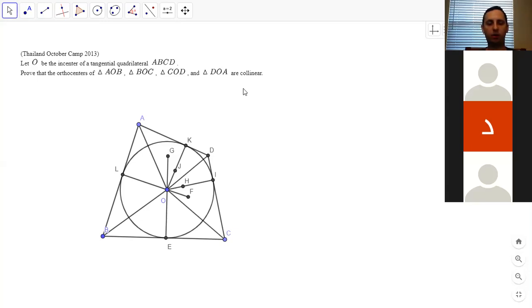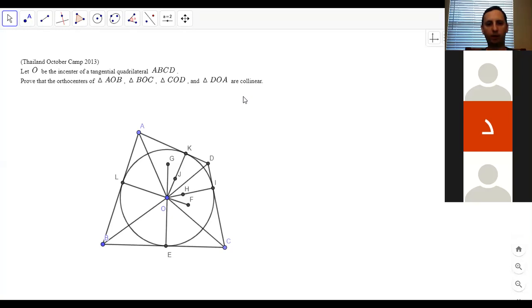Let's see. CG and AF are parallel. There are lots of parallel lines. So CG and AF are parallel, similarly BJ and BH would be parallel.